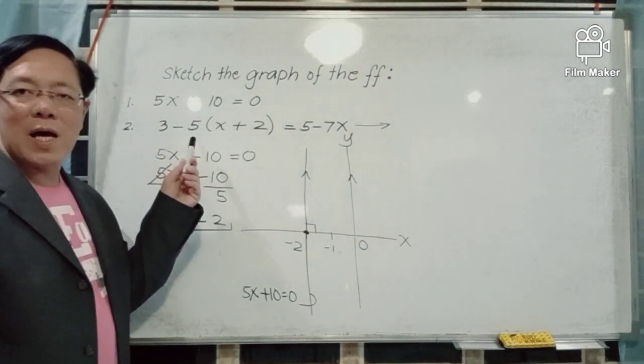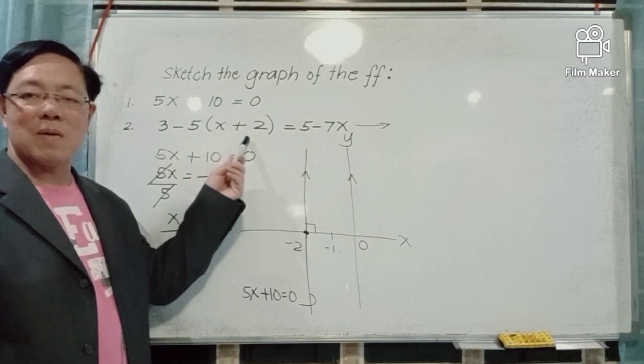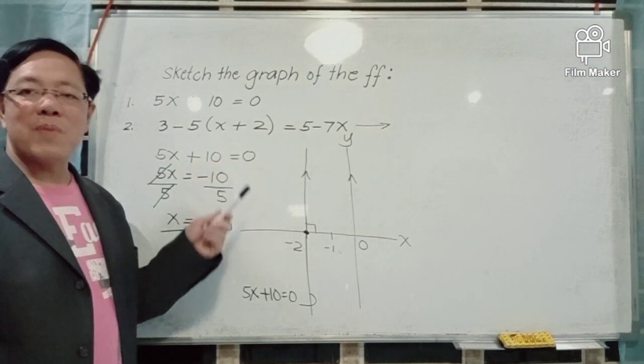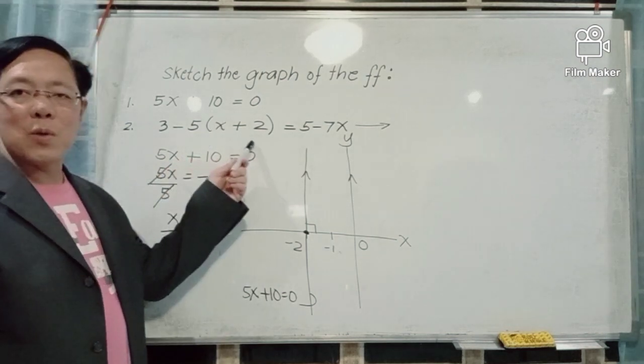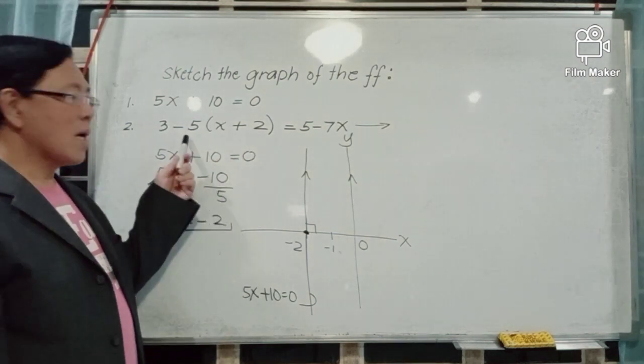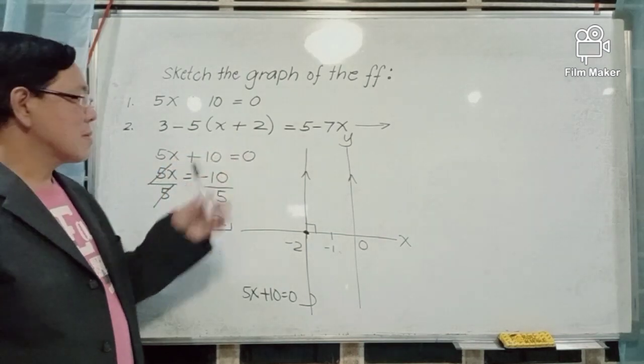And to solve for x from this equation, we have to first remove the grouping symbols. Always start by removing the grouping symbols. And to remove the grouping symbols here, we apply the distributive property of multiplication over addition.